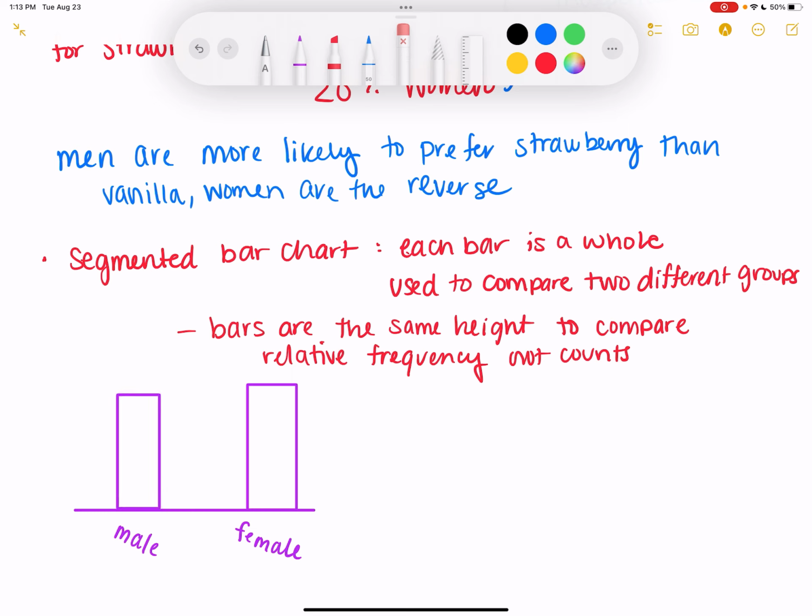Those still aren't the same. Okay, now again, I'm not going to get out my ruler and actually measure them, but you want to make them as similar as possible.